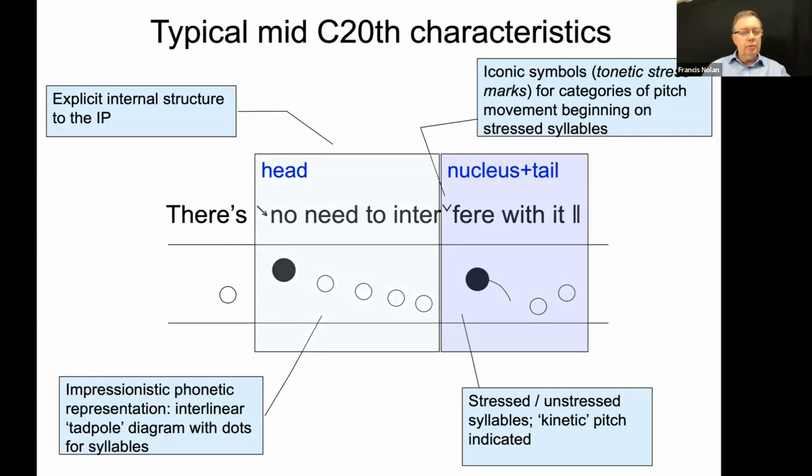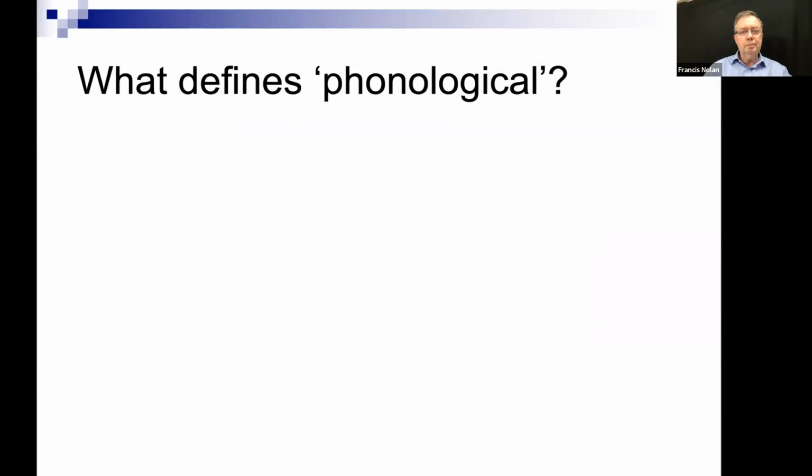A head, which stretches from the first accented syllable up to, but not including the nucleus. And then in the later stages, the pre-head was identified for any unaccented syllables at the beginning of the utterance. So this is the kind of analysis that we'll be heading towards as we look at the history.